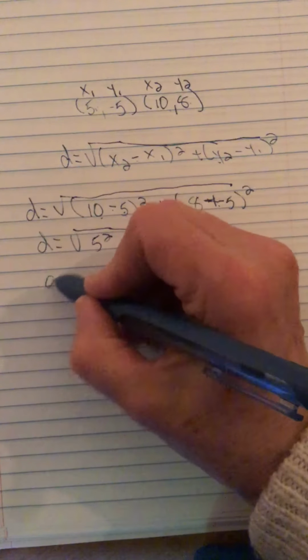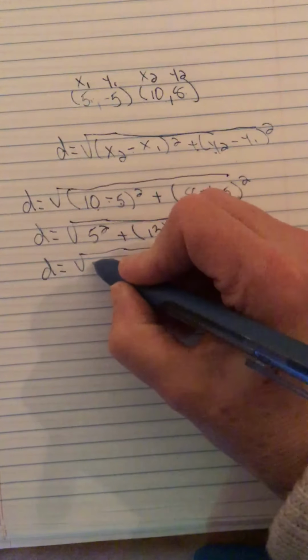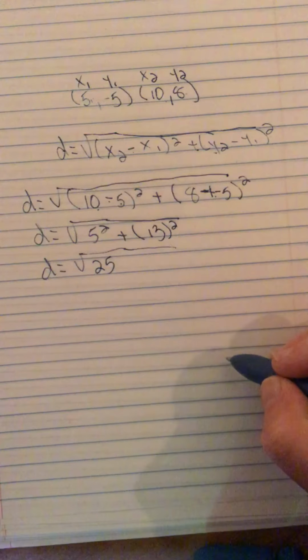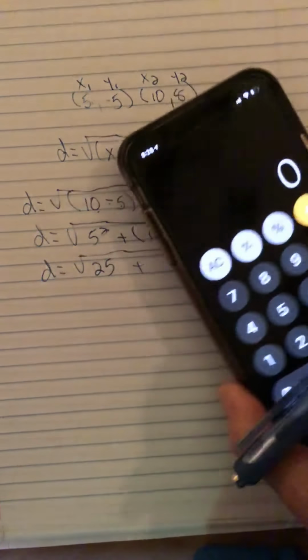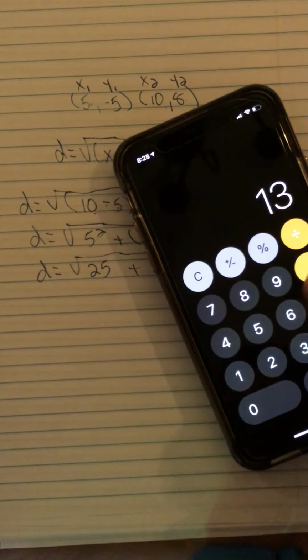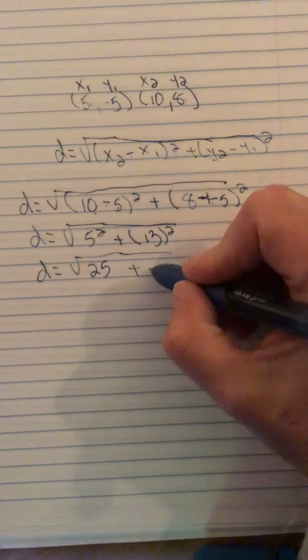Then I'm going to go ahead and solve that next part. Square root of 25, 5 squared is 25, plus, I'm going to grab my calculator here, 13 squared, that's 13 times 13 equals 169. So I'm going to put that right here.